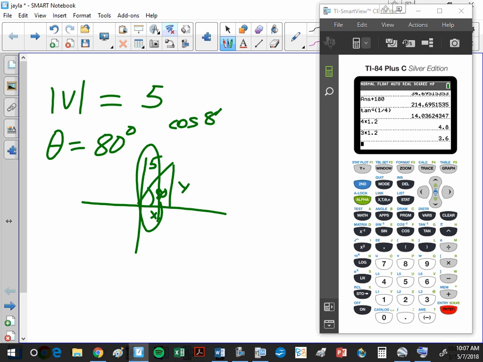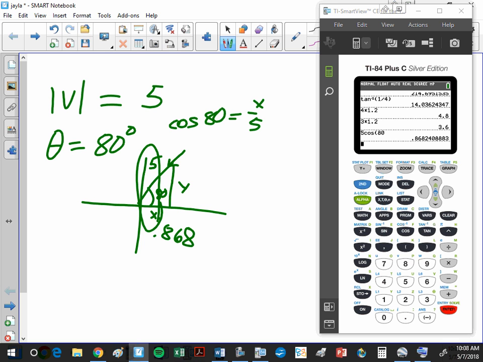Cosine of 80 is x over 5. Is that a multiply or a switch? Multiply. So 5 cosine of 80 is, oh, no, that works because this angle is only 10 degrees. So 0.868. How would I find y?